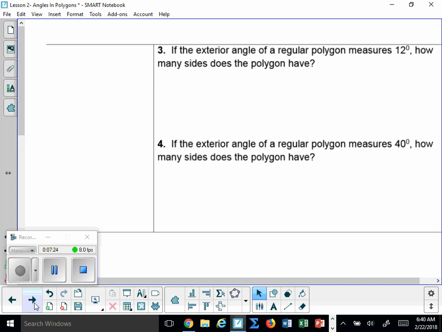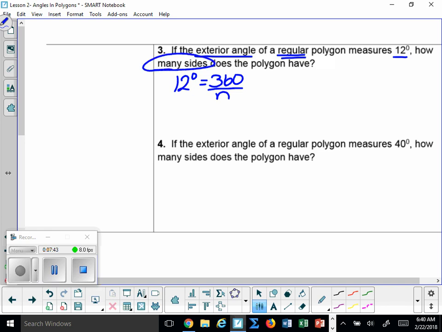Now let's look at our last two. If the exterior angle of a regular polygon measures 12 degrees, that means I'm looking at 12 degrees equals 360 divided by the number of sides. How many sides? That's what I'm trying to solve for. This involves algebra.